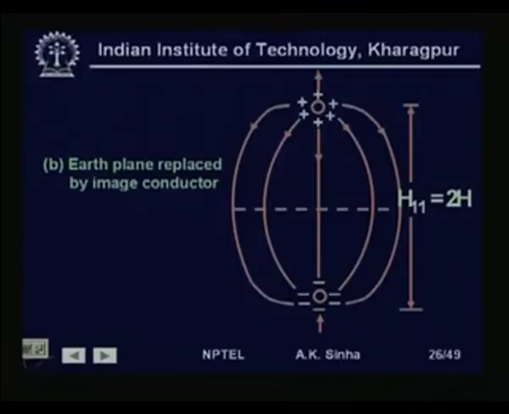So, for taking this effect of earth into consideration, what we do is we place an image conductor below the ground at a height equal to the height of the conductor above the ground, and we put the image conductor with the opposite polarity.